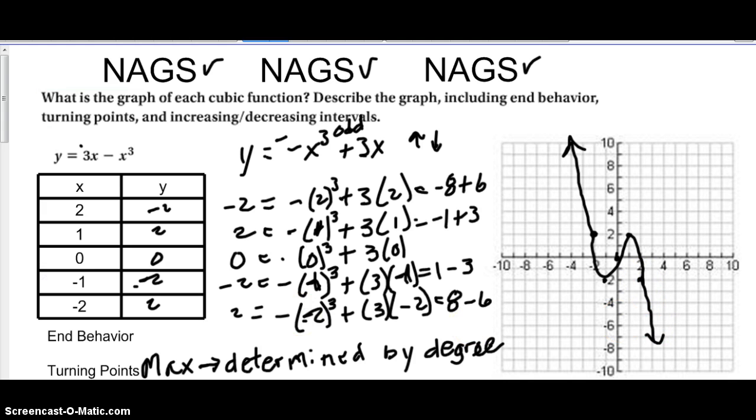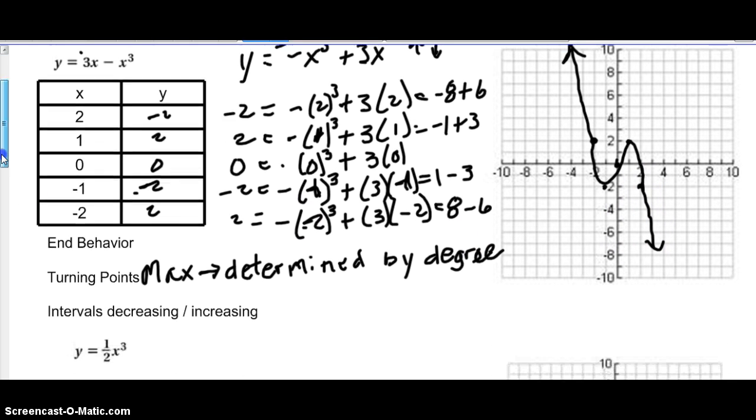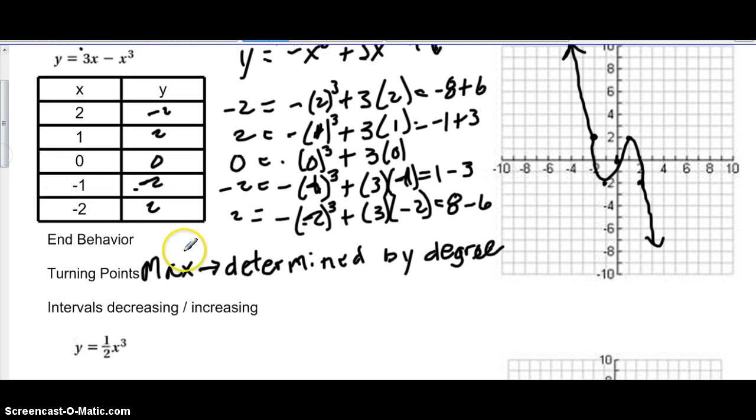Now let's go ahead and find our increasing and decreasing intervals here. It's decreasing here and here, so it's going to be decreasing when x is less than negative 1, and when x is greater than 1.